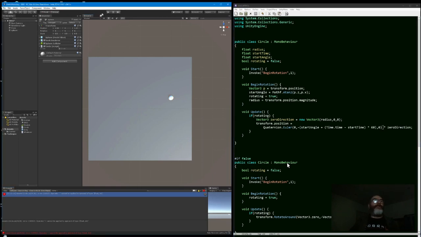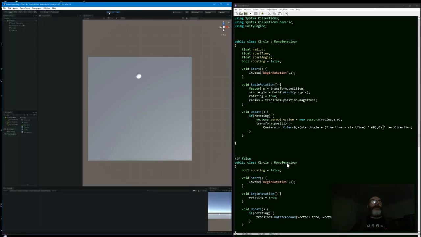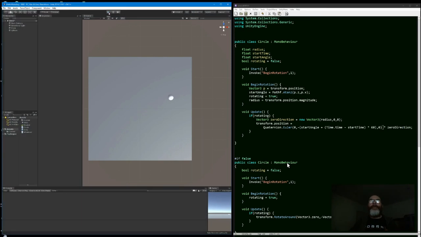There it is. Now we hit play, and maybe this time there's a jump. That jump at the beginning, that's annoying. Why did it jump?